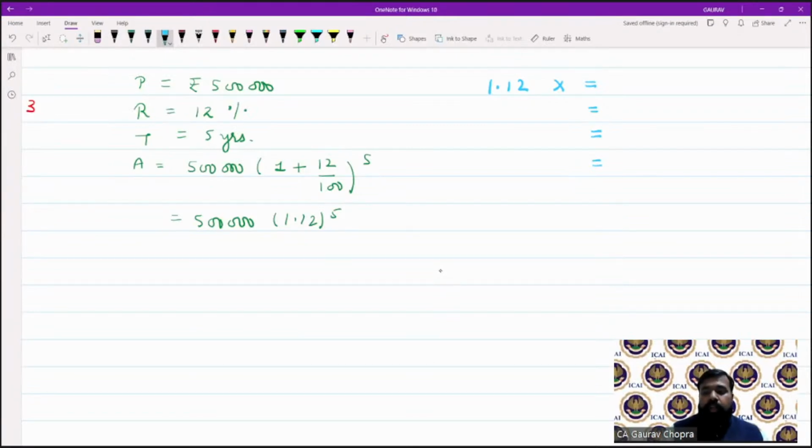Now the next step is to press the multiply button again, then type 5 lakh and then equal to. The answer will be on your screen.